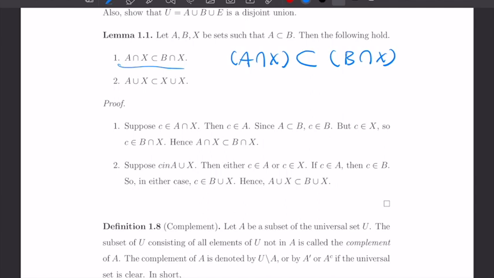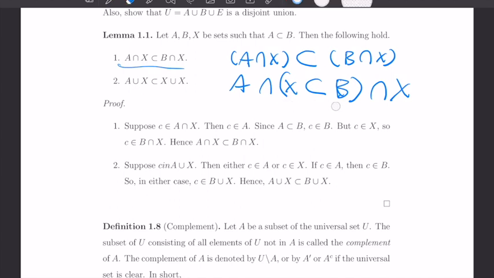This sounds trivial, but don't get confused. This does not mean A intersect (X subset B) intersect X. It doesn't mean that, this is nonsense, right?